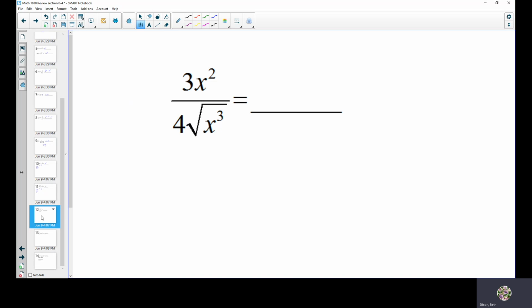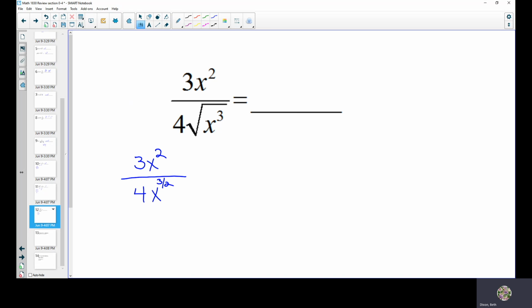Okay, in my next problem, I have 3x squared all over 4 times the square root of x to the 3rd. Again, I need to rewrite without the radical sign. That would leave the 3x squared on the top. On the bottom, instead of 4 times the square root of x to the 3rd, that would be 4 times x to the 3/2 power.